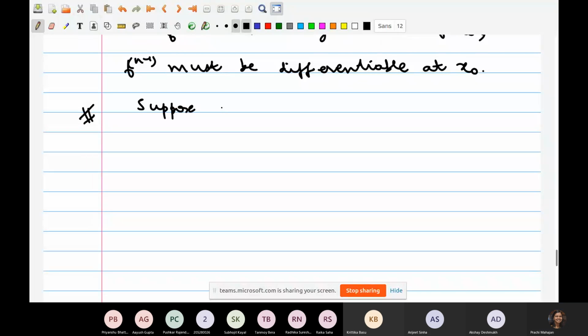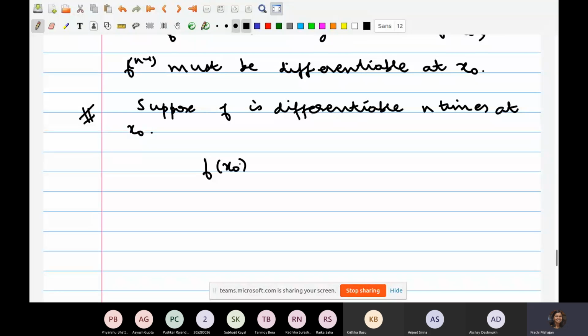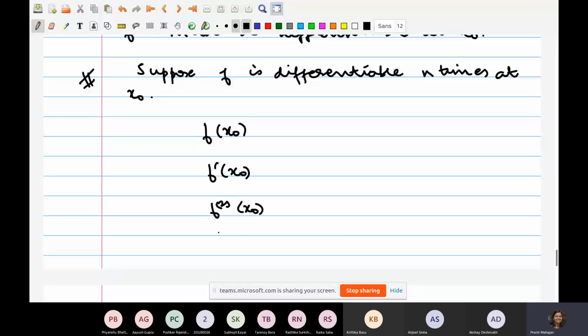Suppose f is differentiable n times at some point x naught. Which means that f of x naught exists, the first derivative of f at the point x naught exists, the second derivative of f at the point x naught exists, and all the way the nth derivative of f at the point x naught also exists. This is given to us, right?